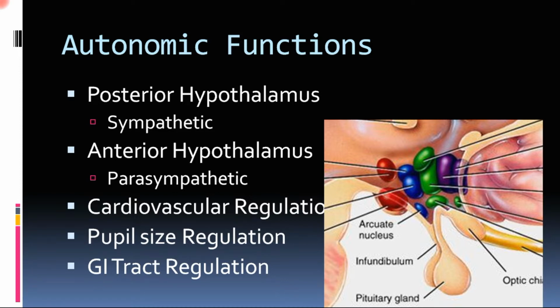And the anterior hypothalamus, the anterior aspect and the nuclei present there, can be considered the parasympathetic center of autonomic function. So posteriorly lies the sympathetic and anteriorly lies the parasympathetic center.